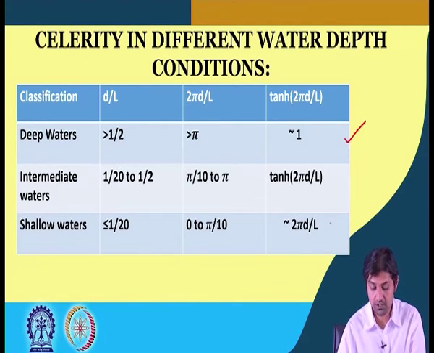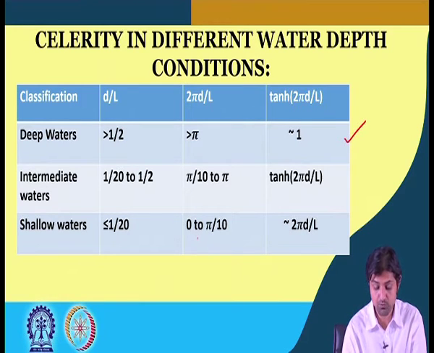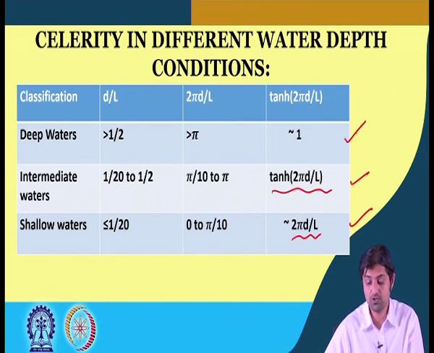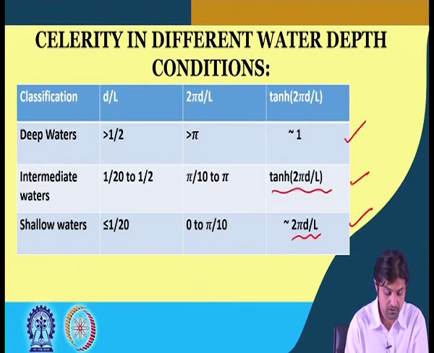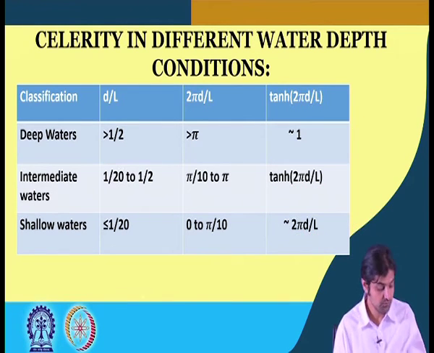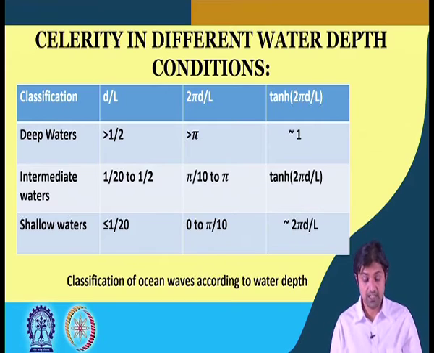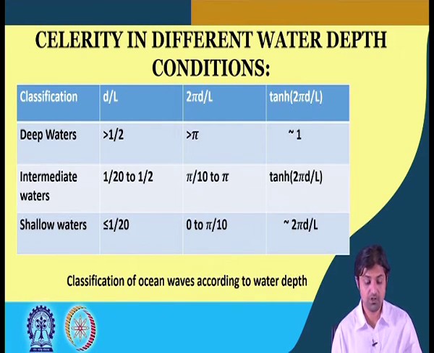For shallow waters, when 2 pi d by L is 0 to pi by 10, tanh can be approximated as 2 pi d by L. In case of intermediate waters, it will remain tanh 2 pi d by L. So these are the three values of tanh 2 pi d by L that we get. This is the classification of ocean waves according to the water depth: deep water, intermediate water, and shallow waters.